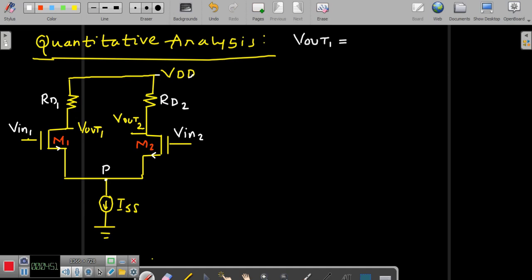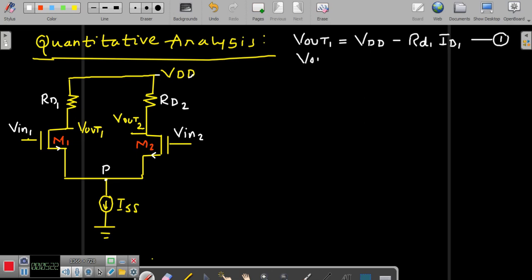Vout1 is equal to VDD minus RD1 into ID1. If you consider the current through the first transistor as ID1, this will be VDD minus RD1 into ID1.